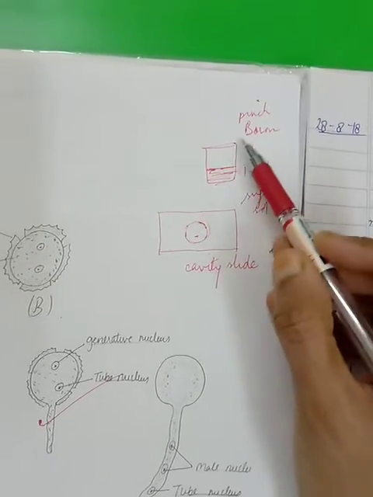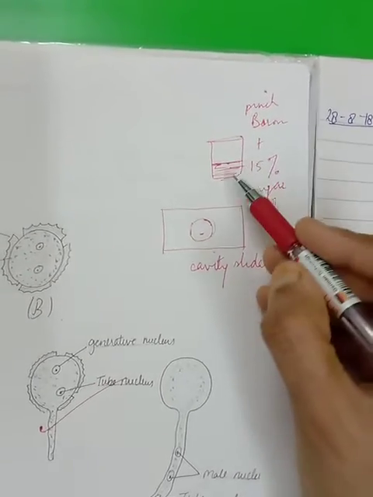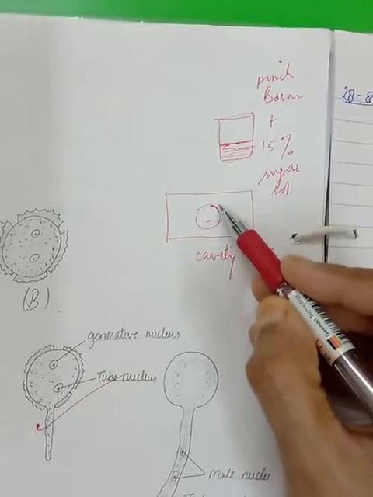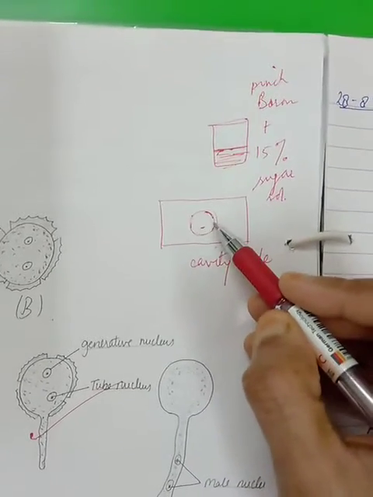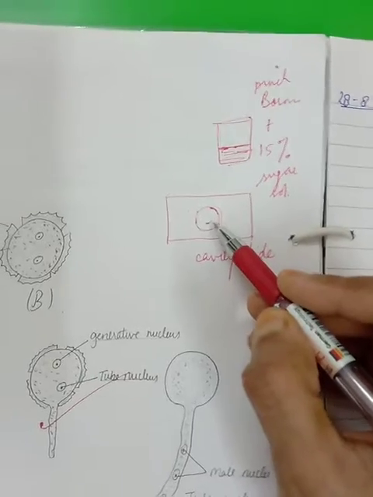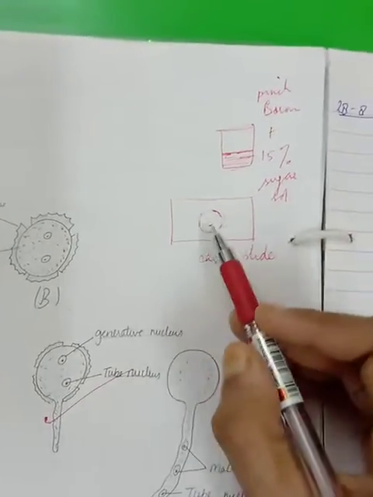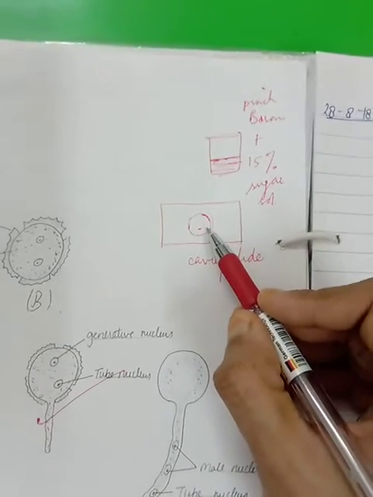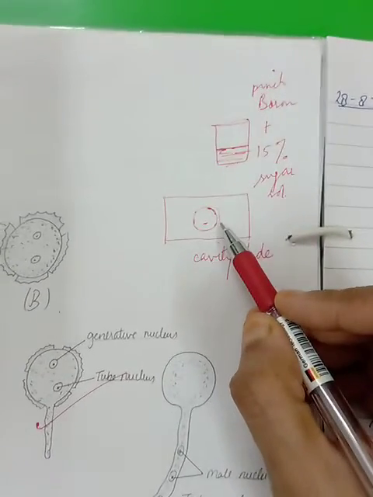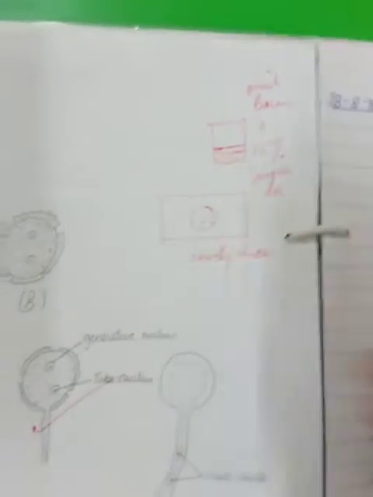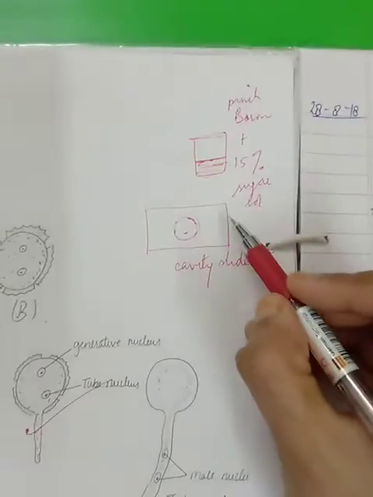After proper mixing, the nutrient solution will be transferred by means of a dropper into the depression of a cavity slide. One drop would be enough, or if need be, 1 to 2 drops. In the same depression, we have to place some pollen grains of available flowers like lilium, Catharanthus roseus or antirrhinum.